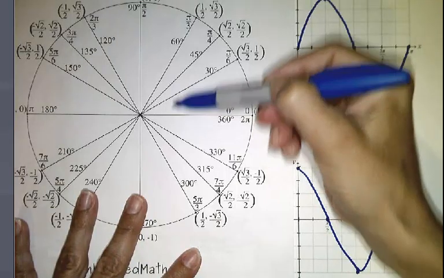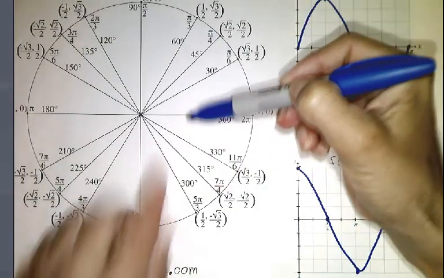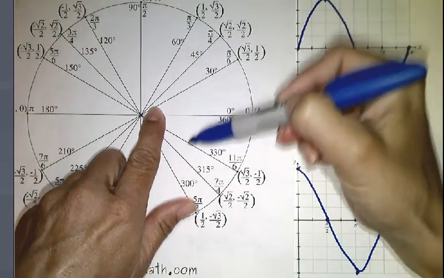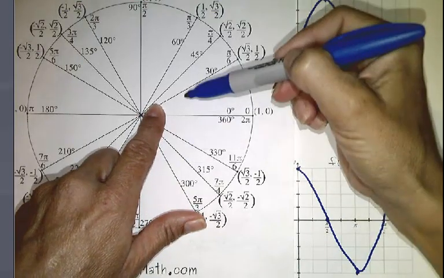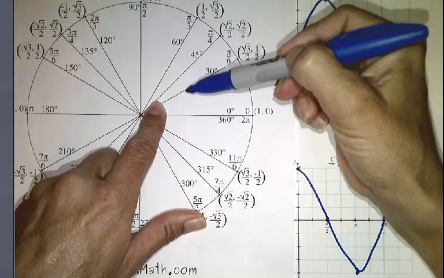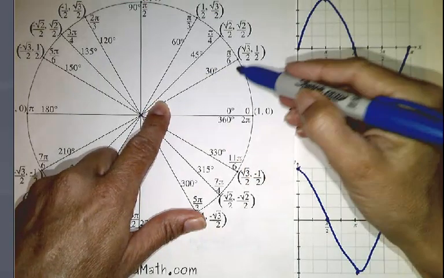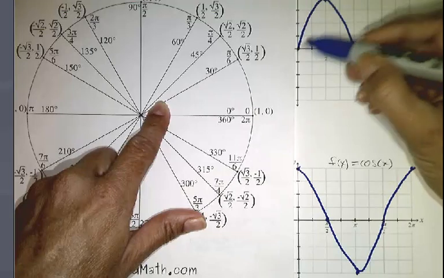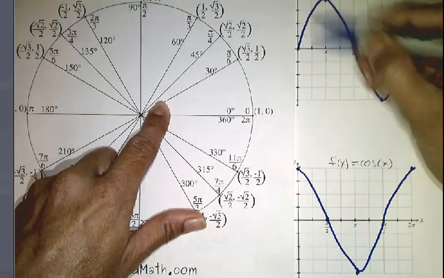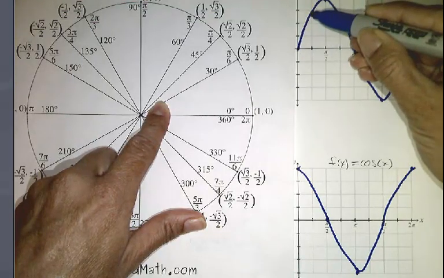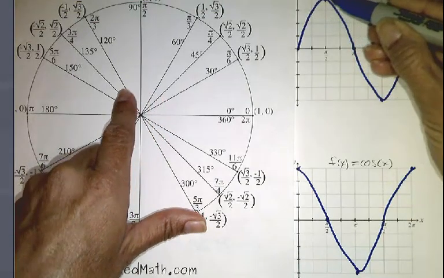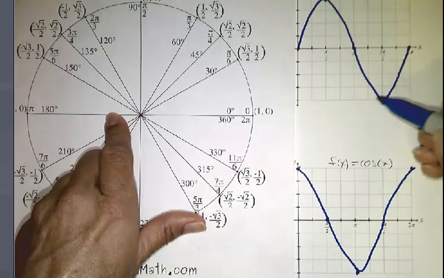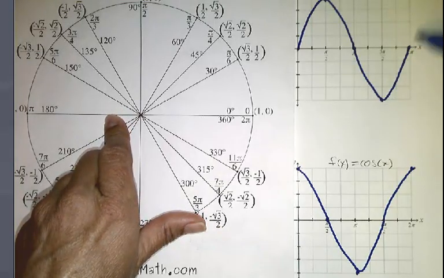Well, if I go around the unit circle once and then I continue to go around the unit circle, so 30 degrees past 360, so in this case this would be 390 degrees, I would really be at the same place where 30 degrees was. So I would be right back here. Likewise, if I kept going, I would start tracing this graph of the sine of x for the first 2 pi again this way. Okay?